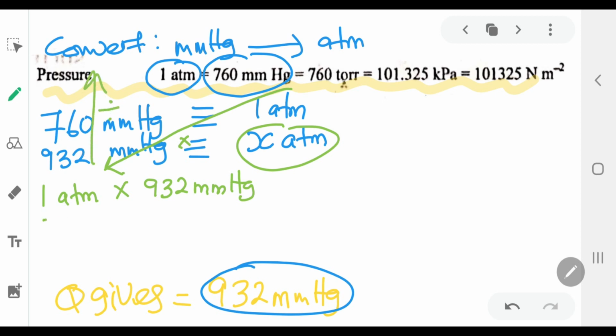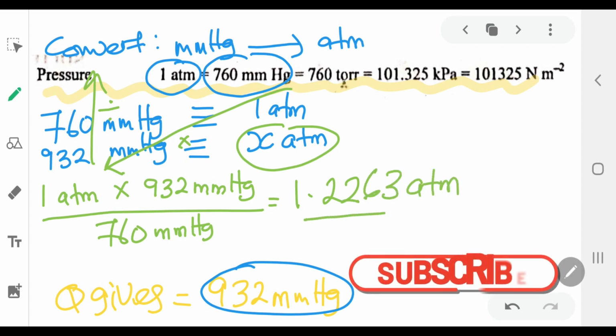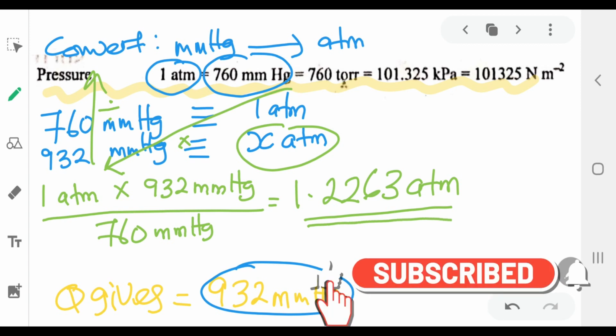So you're going to divide with 760 millimeter mercury. So this is proportionality cross multiplication. So when you compute that using your calculator, you should be able to get a value around 1.2263 atmospheric pressure.